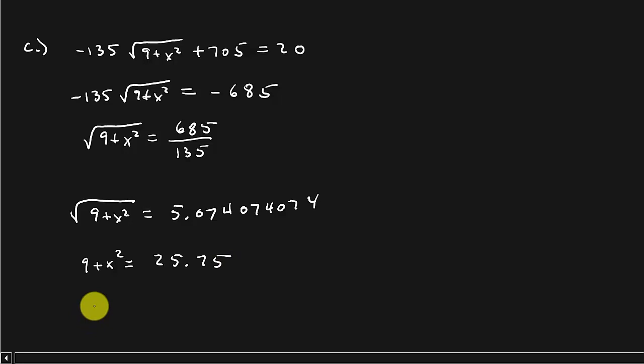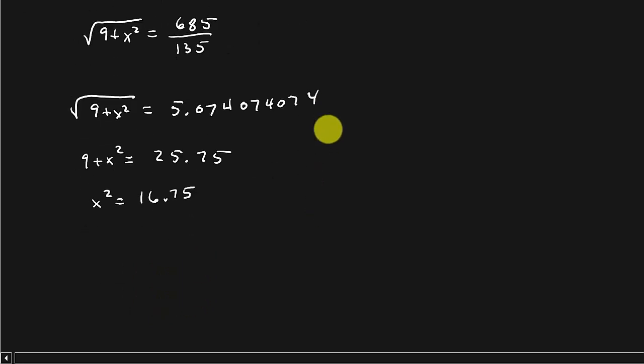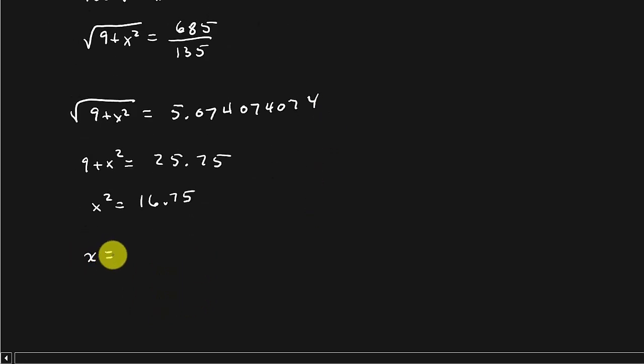And then I need to subtract 9 from both sides, so X squared is equal to 16.75, and so X is equal to 4.09. Now, keep in mind that when we square root both sides, that is plus or minus, but we only need the plus because you're not going to demand negative units.